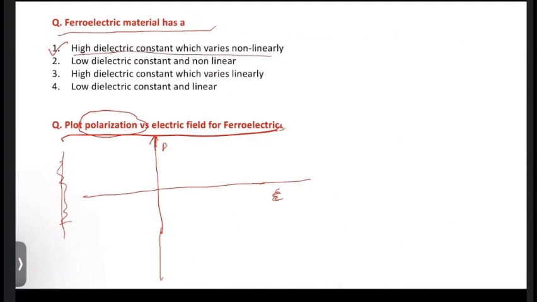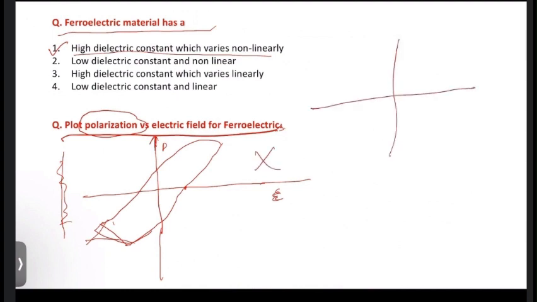This option is correct. Now we are starting. It behaves like a sigmoidal shape. So let me draw it very carefully now.